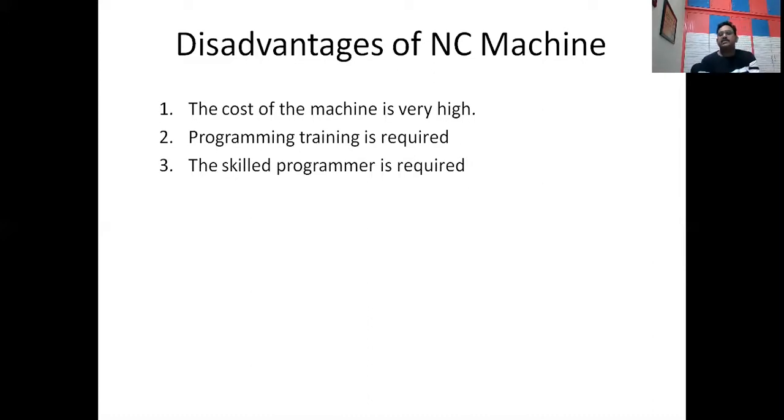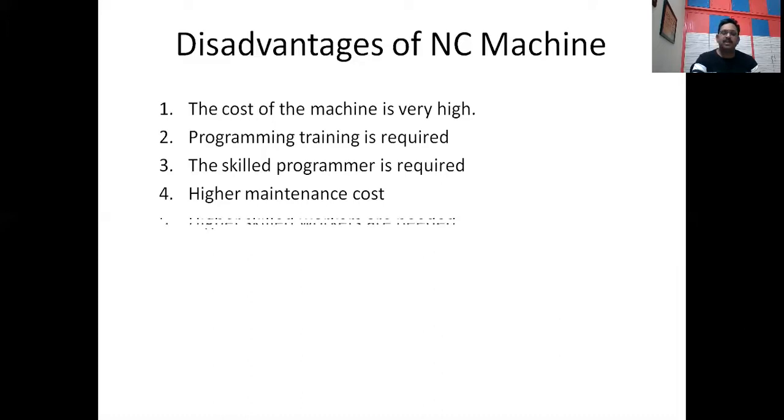And here skilled labor for manufacturing is not necessary, but the programmer has to be very skilled. Otherwise, if the program is wrong, then the entire operation will go. Therefore, a skilled programmer is required. This is one more disadvantage. And if something goes wrong in the control unit or program or feedback channels or servo motors, then the maintenance cost is very high.